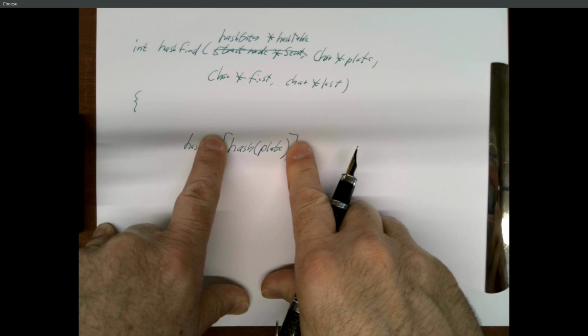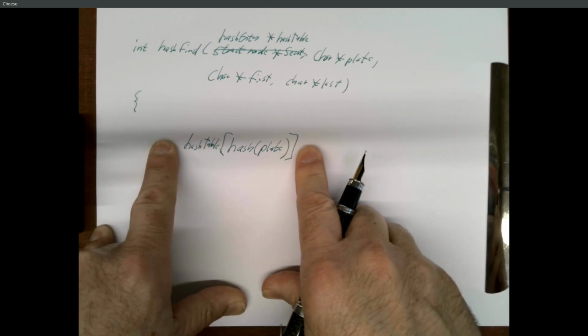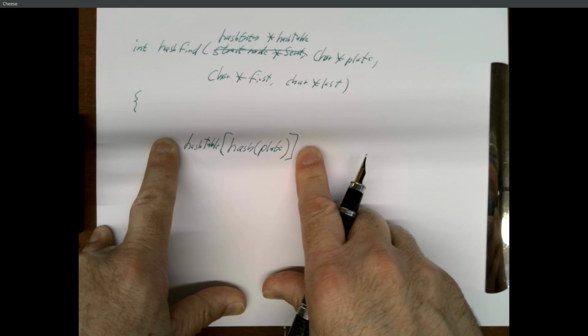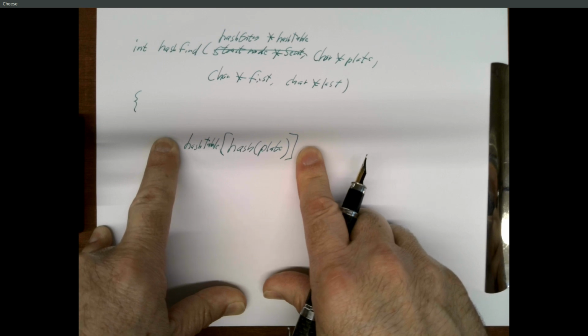This is an integer. This is a hash entry, which is a pointer to a struct node. It's a sentinel node. Our list find function expects a sentinel node followed by what it's looking for.